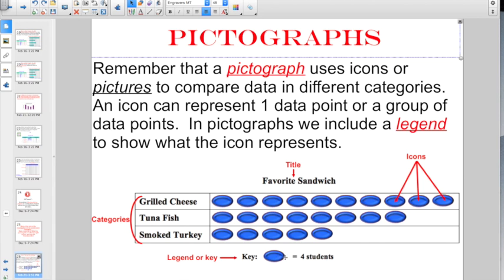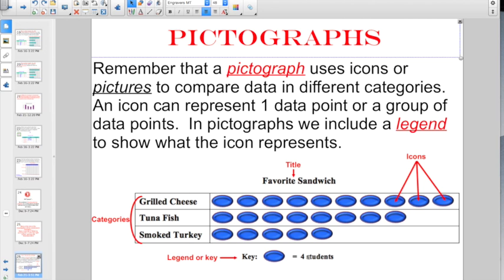In this case, one little plate is going to equal 4 students, right? So how many kids said that grilled cheese was their favorite sandwich? Well, if I counted 1, 2, 3, 4, 5, 6, 7, 8, 9, 10, I have 10 icons, and each icon equals 4 students.